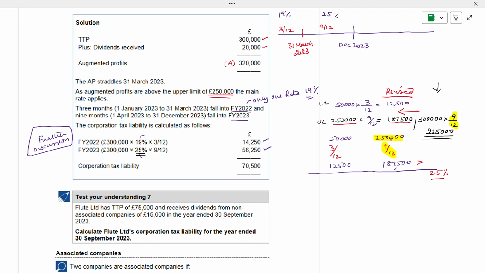But in their way, they have set the upper limit as 250,000, sir. So in that case also, the profit is for 12 months. Am I right, sir? 300,000 is for 12 months. So for the financial year 2023, we have to take 300,000 into 9 by 12 only. Am I right?